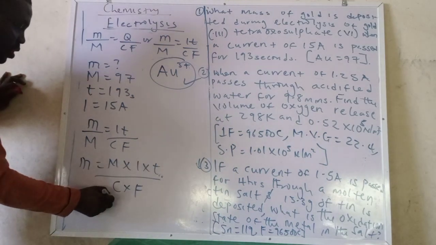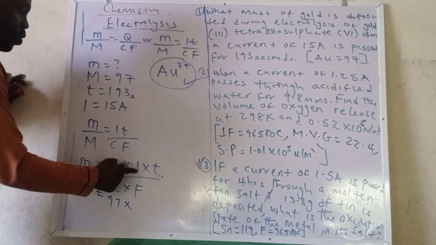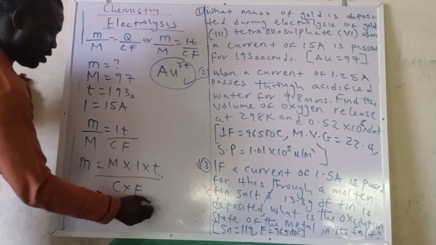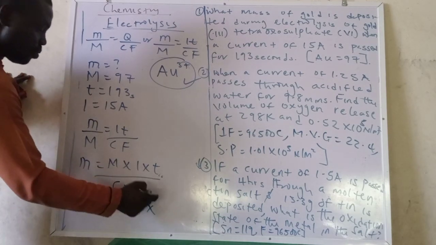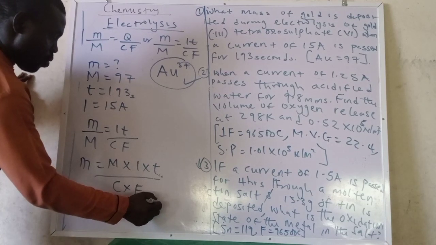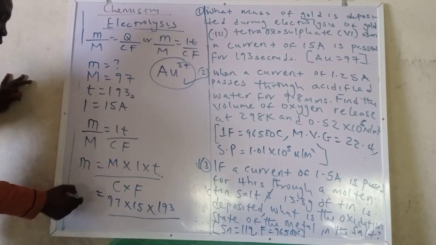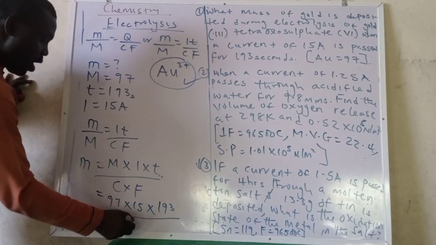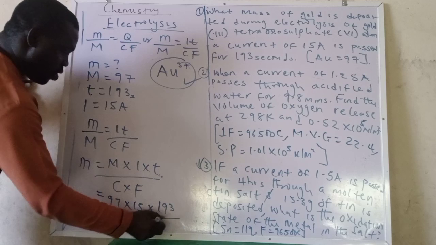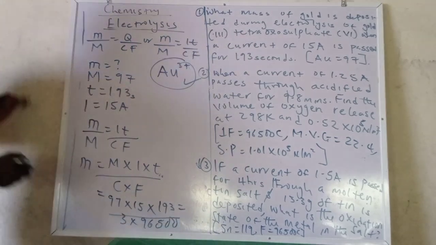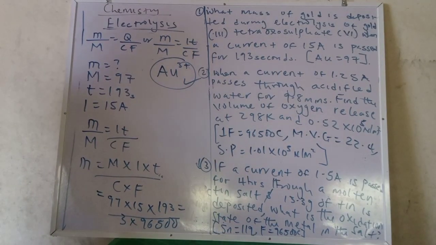What's the molar mass? 97. What's the current? 15. What's the time? 193, over 3 Faraday, which is 96,500 coulombs.